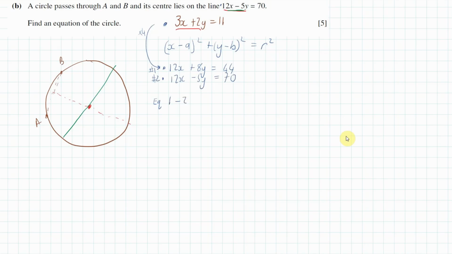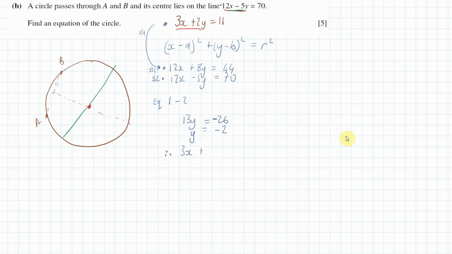This will give me 8 minus 5, which is 13y, and it'll be 44 minus 70, so it'll be negative 26. So this will give me y equals negative 2.